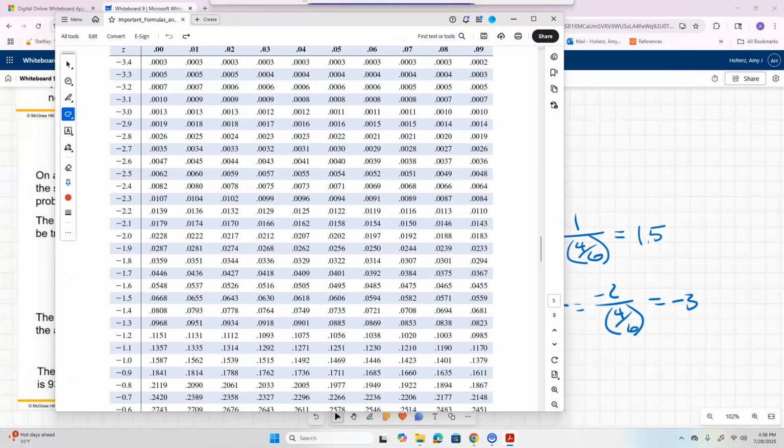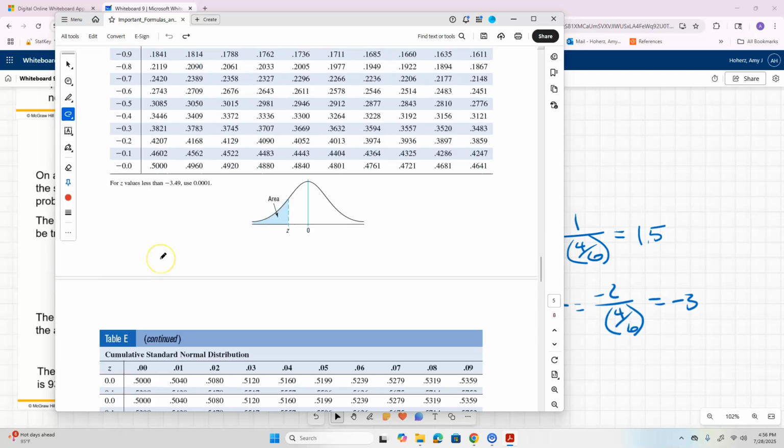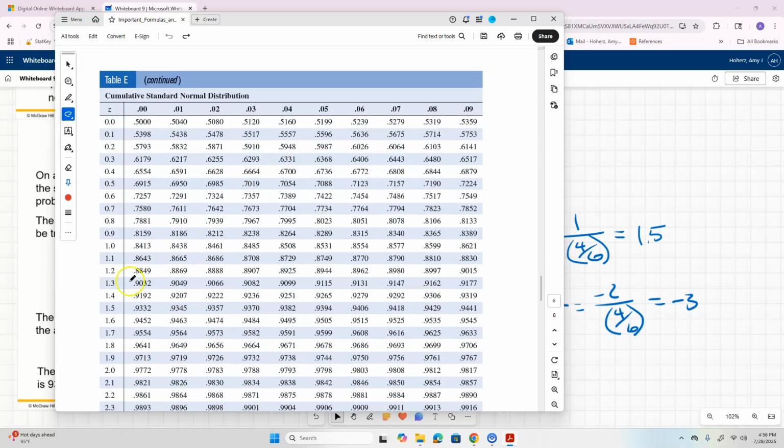Okay, so let's back this up. So our first value that we wanted to look up was 1.5. So 1.50 is right here. 1.50 is 0.9332.